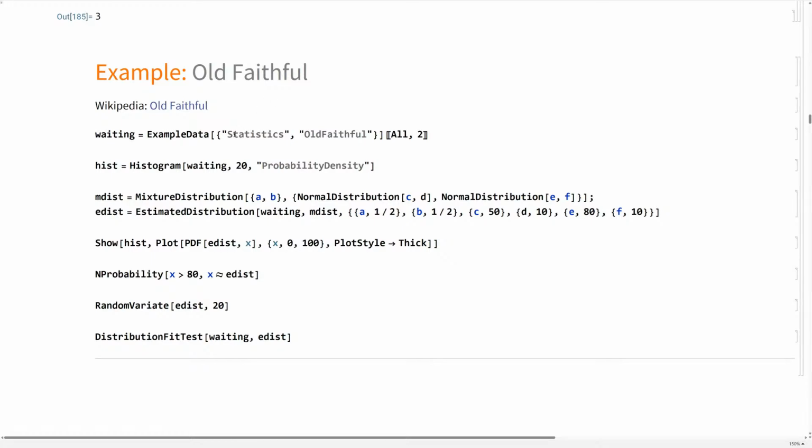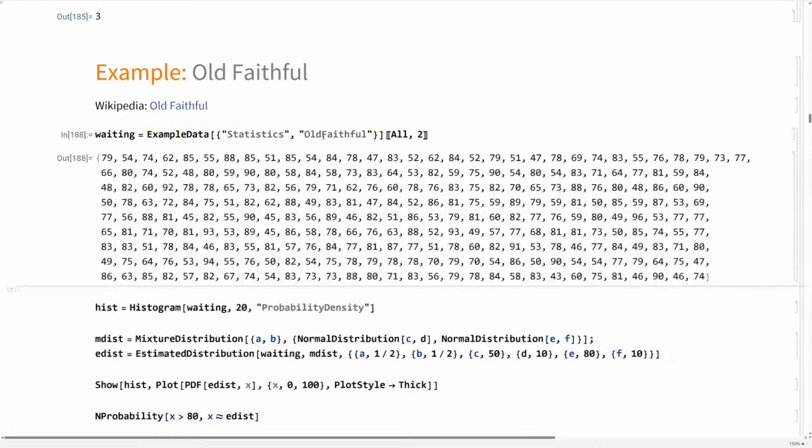That's what this waiting time is about. Now I'm querying for this data set. You can see 79 means that there are 79 minutes between two eruptions, and 54 is 54 minutes, and so on. So now we have this example data.